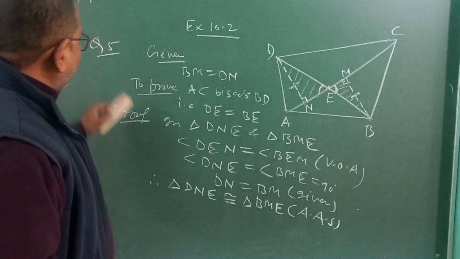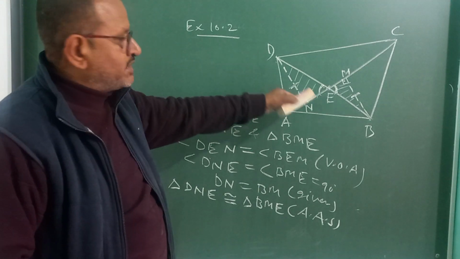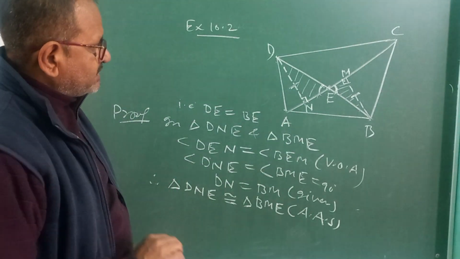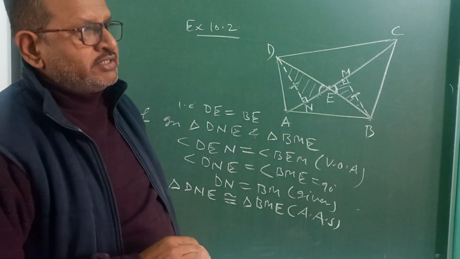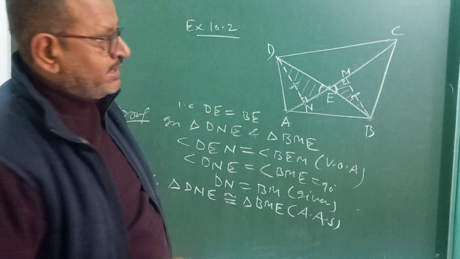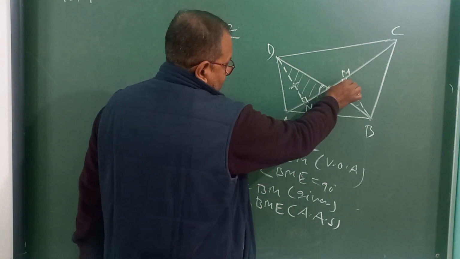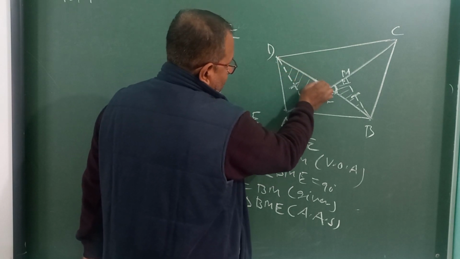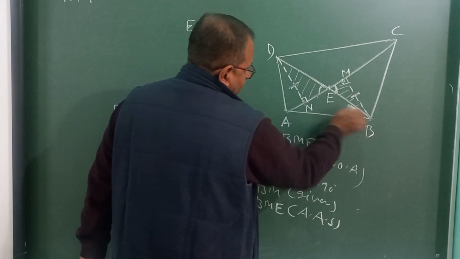So by CPCT, if two triangles are congruent, then their corresponding parts are equal. Corresponding sides mean sides opposite to equal angles. Here angle N and angle M are both 90 degrees, they are equal. See their opposite sides: in the first triangle the opposite side is DE, and in the second triangle the opposite side is BE.